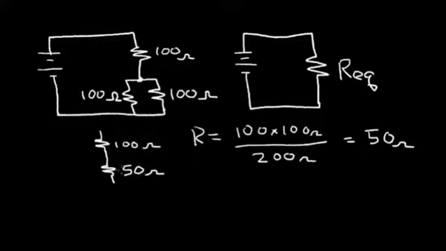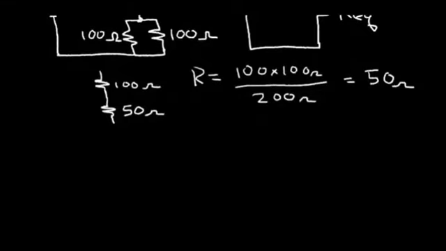And we know from previous that resistors in series add, so the equivalent resistor of this network, or Req, is equal to the sum, which is 150 ohms.